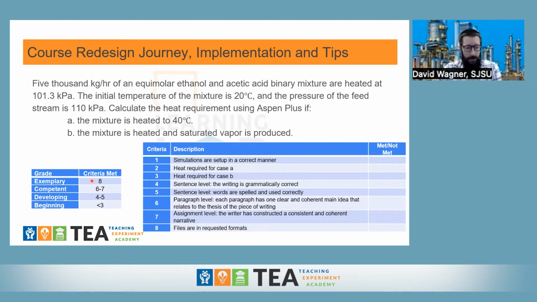If you met the criteria, 8 out of 8, exemplary. This was an assignment that you could resubmit once for a higher grade. There was a lot of focus on sentence-level writing, and not so much, with this specific one, on the heat required for case A and case B for the simulation components.